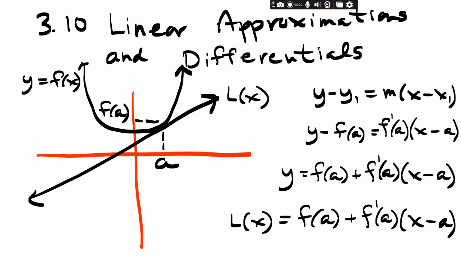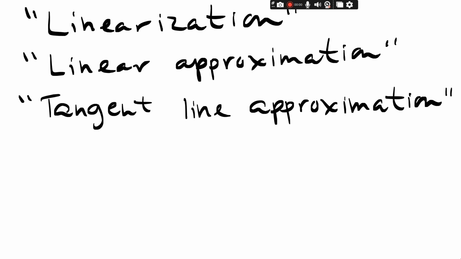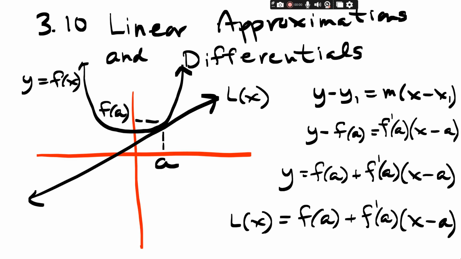All right, so what is this called? This is called the linear, what do we call this lesson? Linearization, is that right? Linearization. Okay, so there are different ways you can call it. Sorry, Luke, go ahead, write it down if you need to. Tell me when you're done.